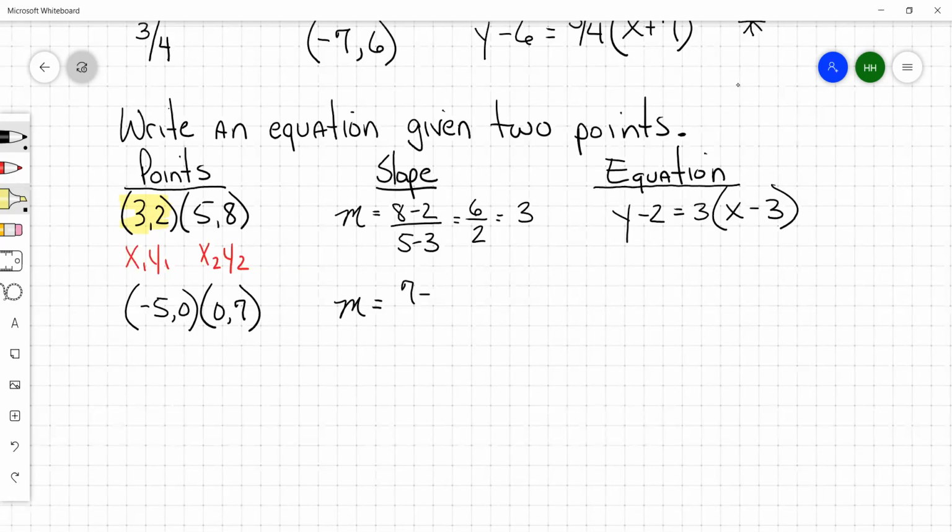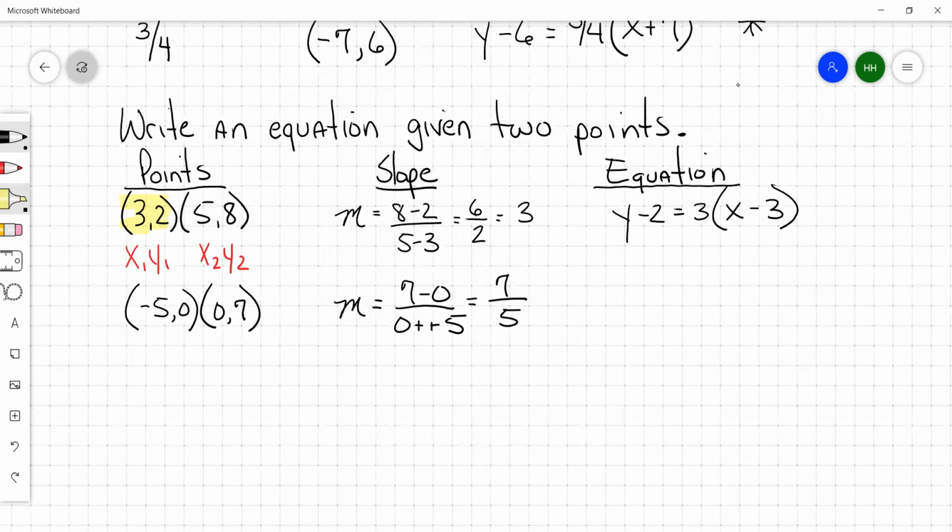Your m would be 7 minus 0 divided by 0 minus -5. 7 minus 0 would be 7. 0 plus 5 would be 5. Your slope is 7/5. Then I'm going to use the first point again.